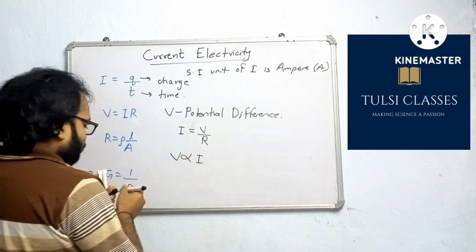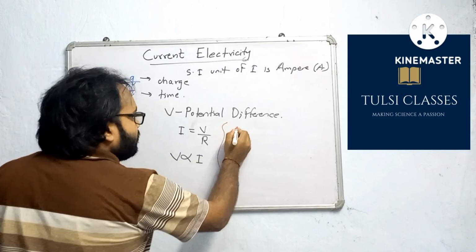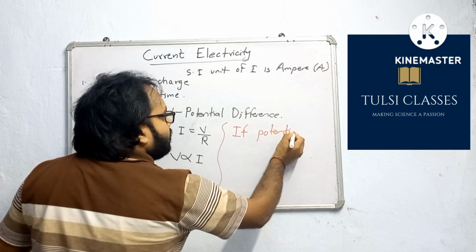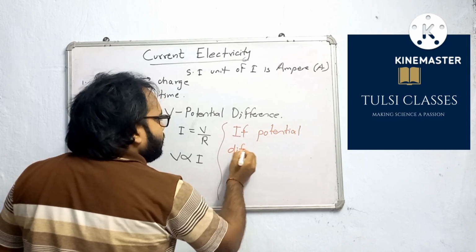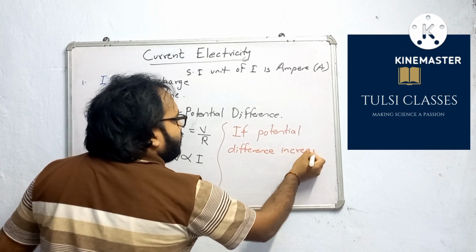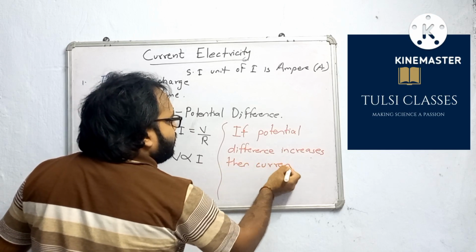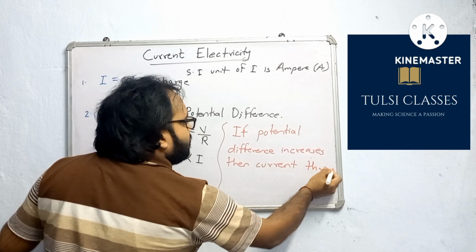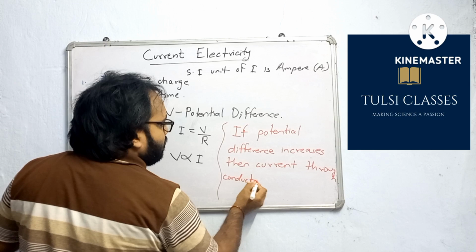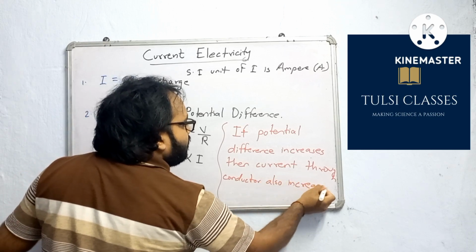If we increase the potential difference, the amount of current will also increase. See, this is important, okay? If potential difference increases, then current through conductor also increases.